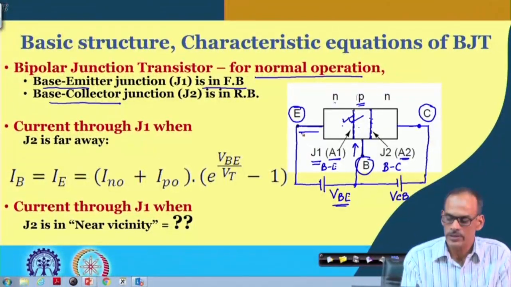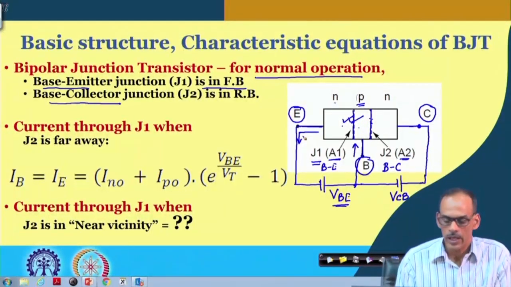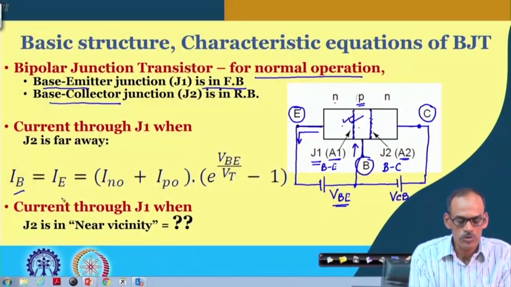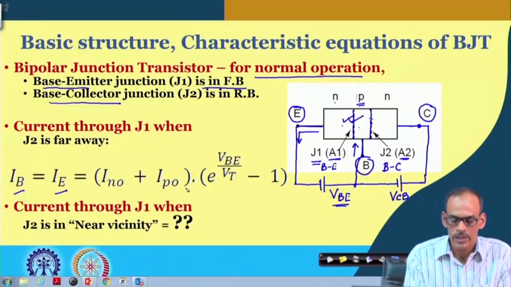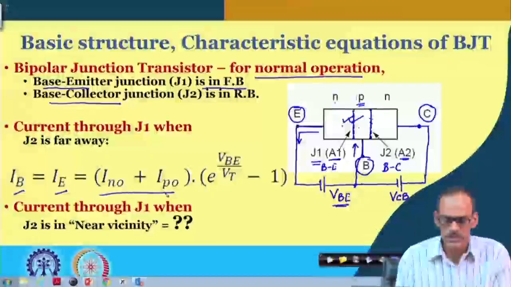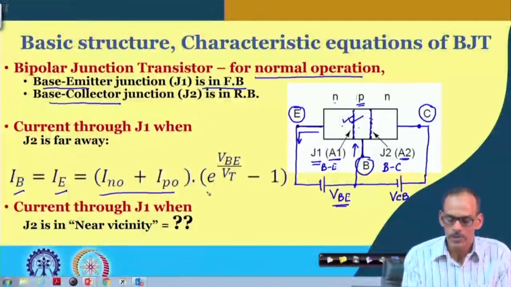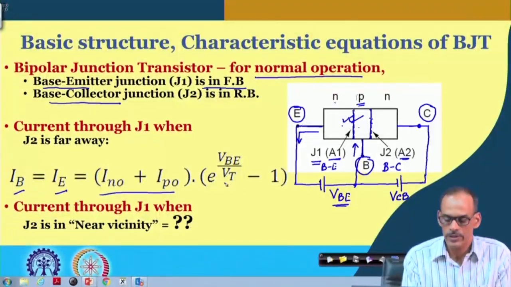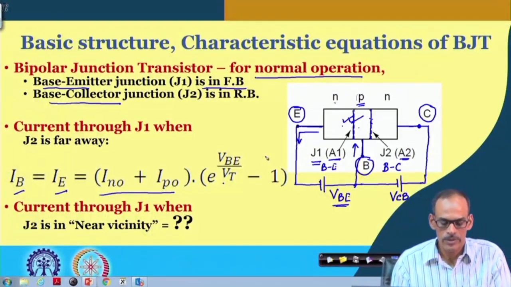The same current departs the emitter terminal, and the expression for both base current and emitter current is given as some constant, we will see what the constant involves, multiplied by e to the power of the forward bias voltage divided by the thermal equivalent voltage, minus 1. So, this is nothing but the typical junction current.